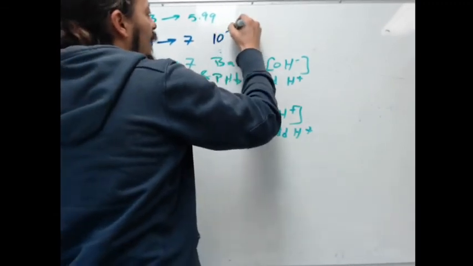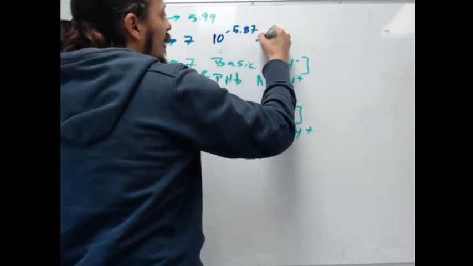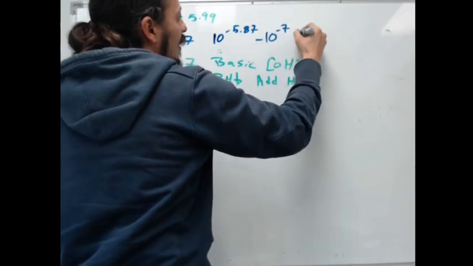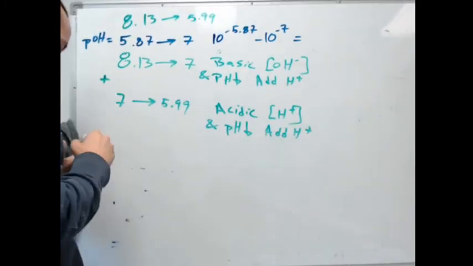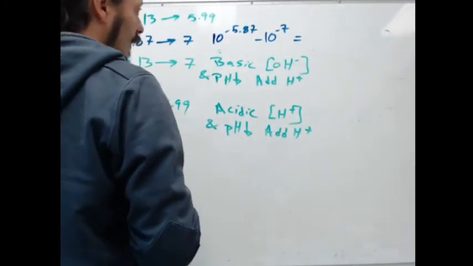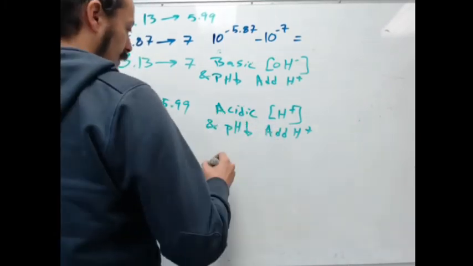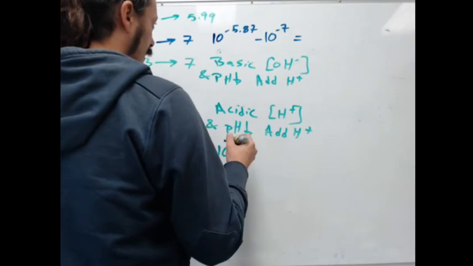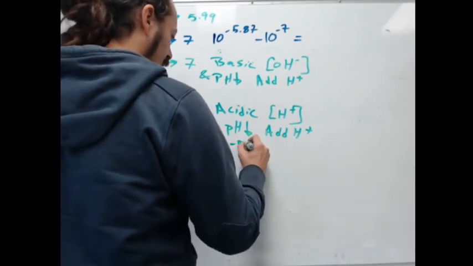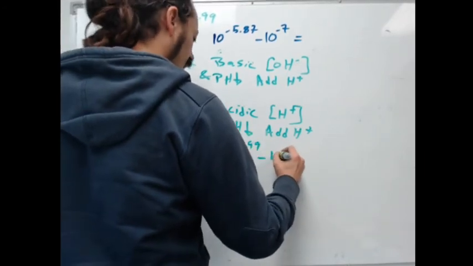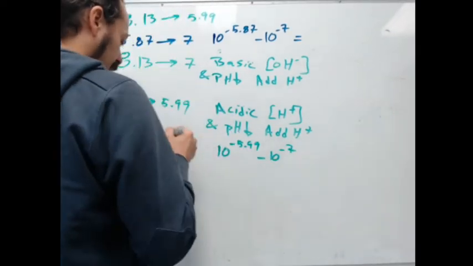Okay. So I go from pH 8 to 7 here, but then since it's basic, we change it into pOH. So in terms of pOH, we're adding the OH to get from the lower one to the higher one.